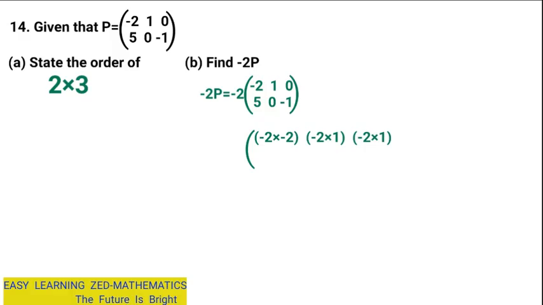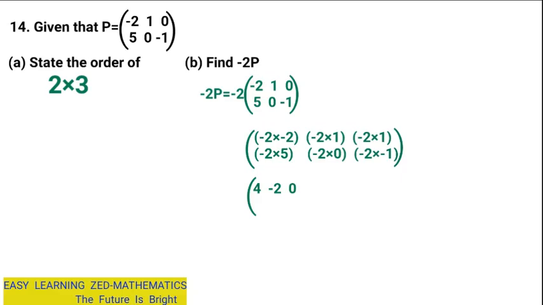Then I'm going to come down here and multiply -2 by 5, then -2 by 0, then -2 by -1, then close bracket. Then first I'm going to open bracket down, then -2 by -2 will give me +4, -2 by 1 will give me -2, then -2 by 0 will give me 0. Now on the first row I've finished multiplying those 3 expressions.